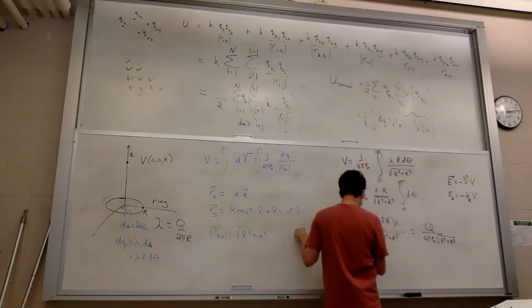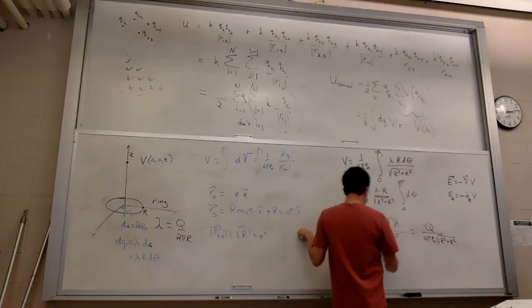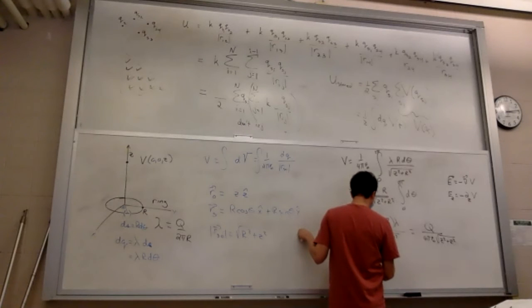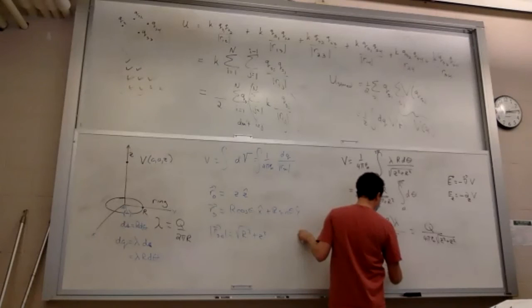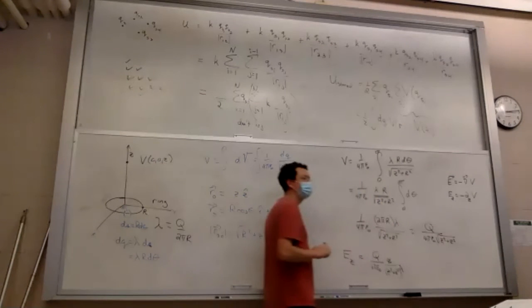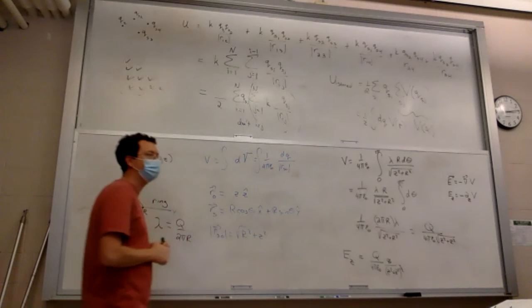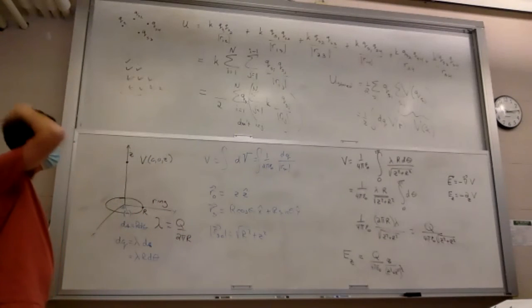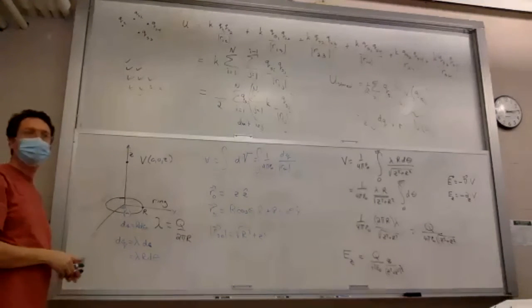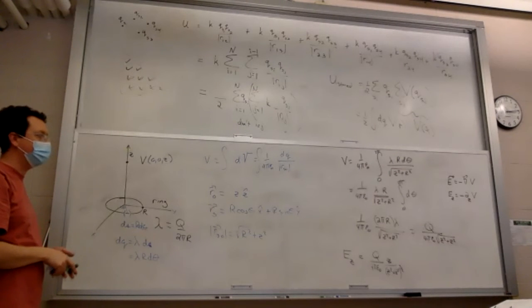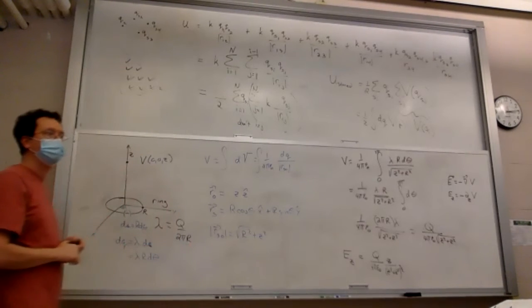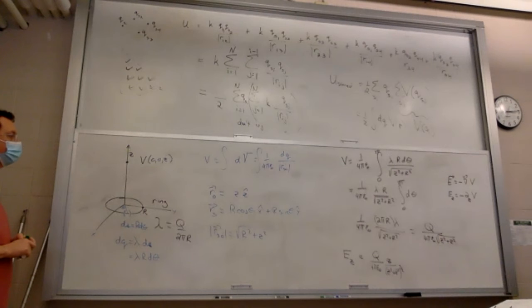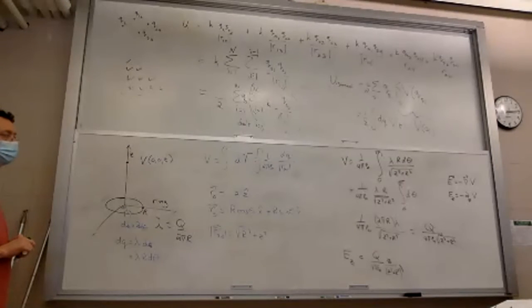When I do it, I'm getting Q over 4 pi epsilon naught, Z over Z squared plus R squared to the 3 halves. And you can check, that matches exactly what we found. Don't you have to multiply by negative and half of that?